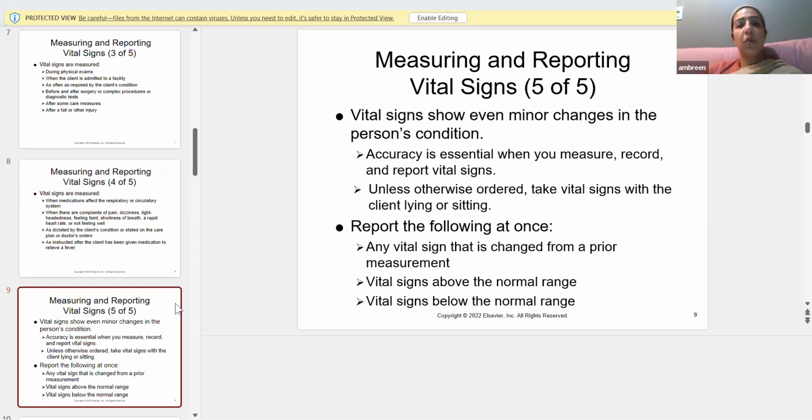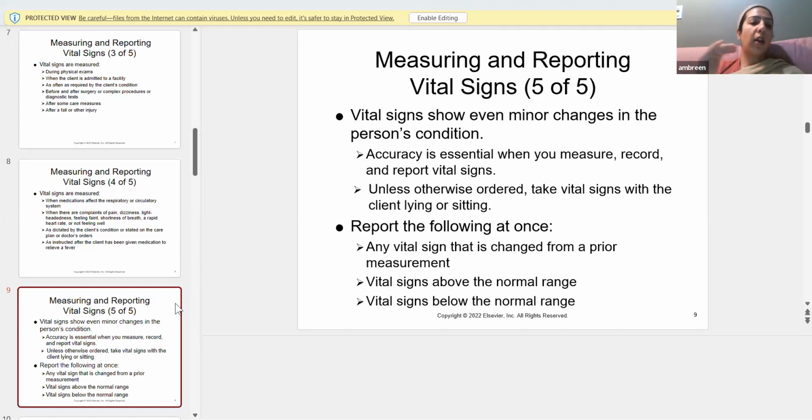Vital signs show even minor changes in the person's condition. Accuracy is essential when you measure, record, and report vital signs. Yes, when you are doing vitals, it's important to report accurately. It's important to report the condition of the patient. Let me give you an example.